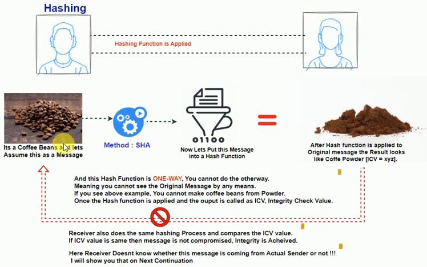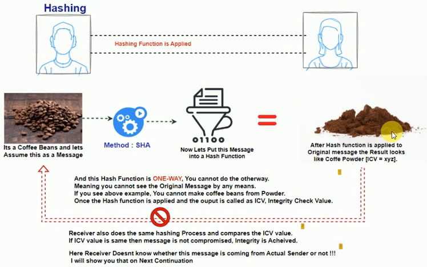Instead of the message, I'll take an example of coffee beans. It helps you understand in a better way. I take the message as coffee beans, and I put these coffee beans in a grinder, a mixie, to grind the coffee beans into powder, and the output is obviously coffee powder.